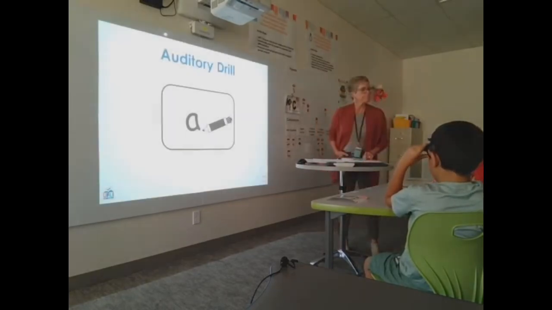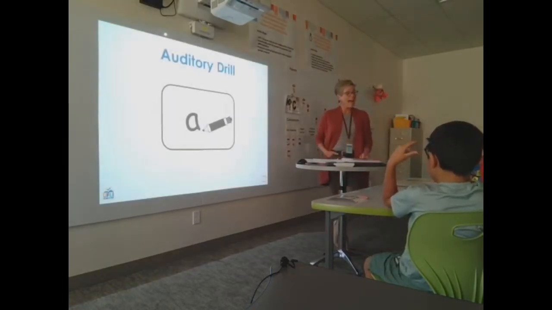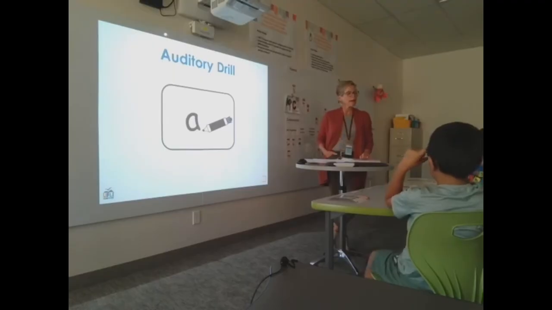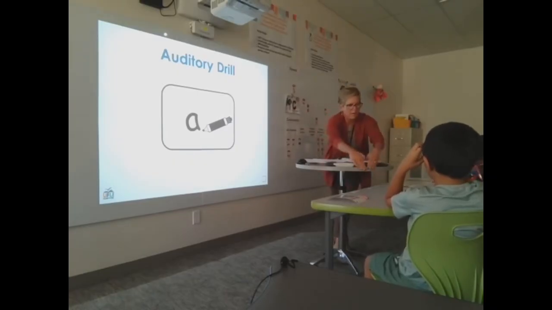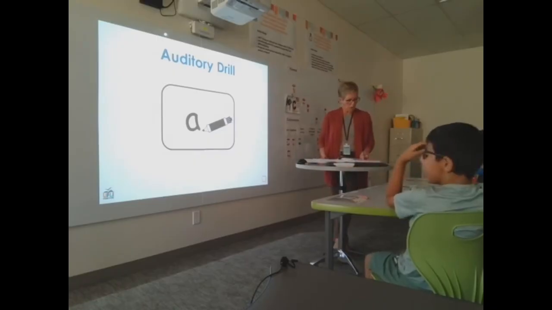E for elephant. A spells ah. What letter spells ah? A for apple. A for apple. E for elephant or edge, like the edge of a table. Good. There you go.